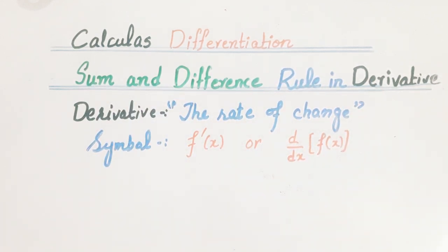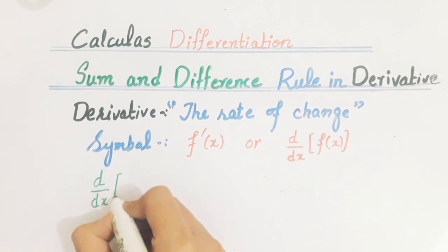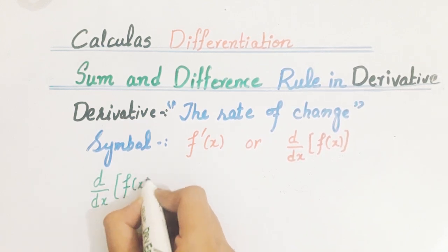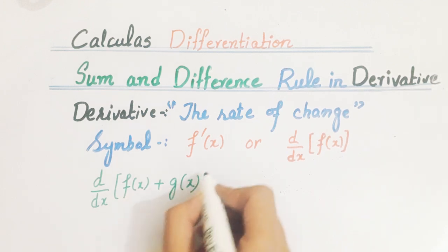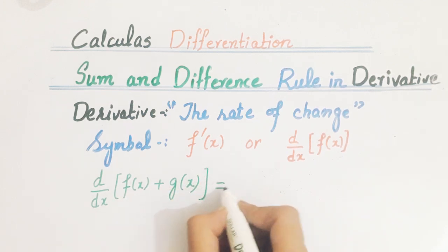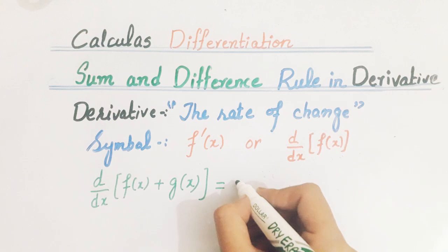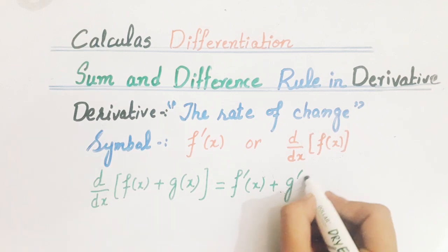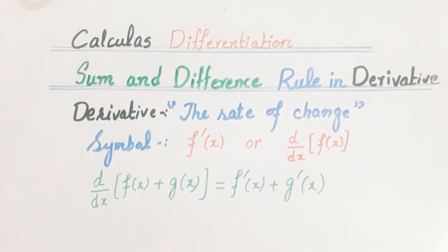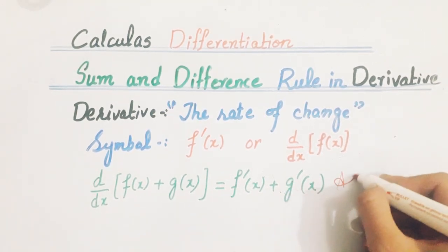So the sum and the difference rule is basically d by dx of f of x plus g of x. It means two functions are added. So how do we differentiate this? This will be equal to f dash of x plus g dash of x. So this is for addition.